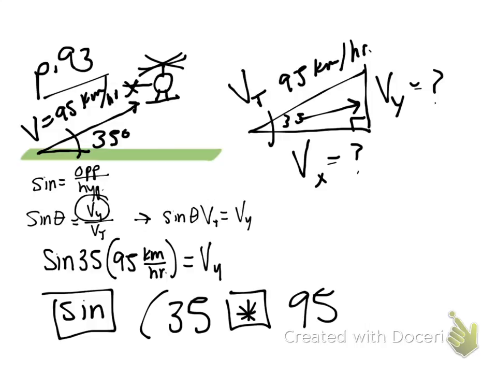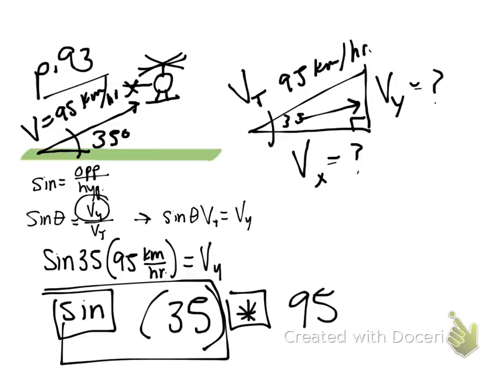You have to do one of two things. You have to close this parenthesis, or enter this part, then hit equal, and then multiply by 95. So it's just an order of operations thing, but if you're moving fast, you can forget it.